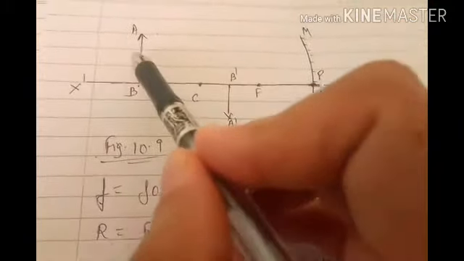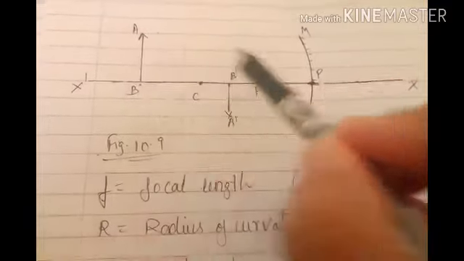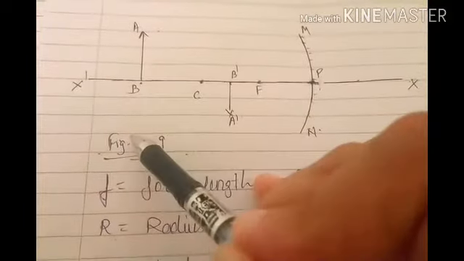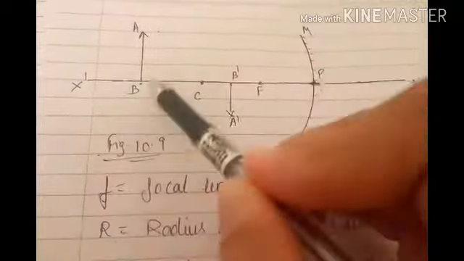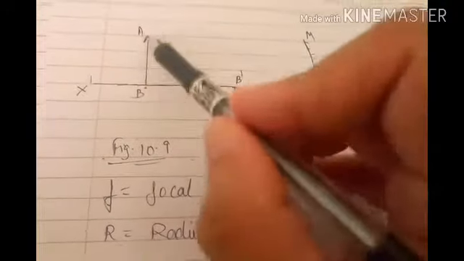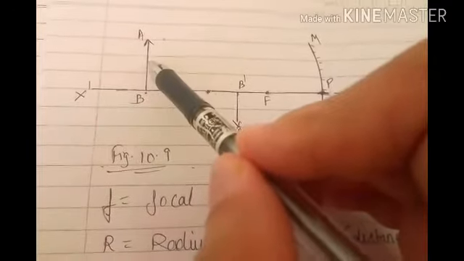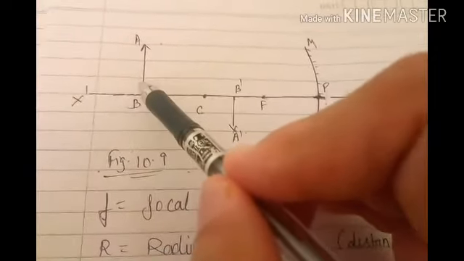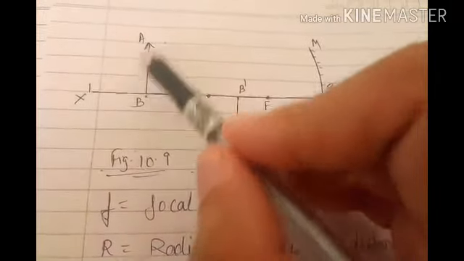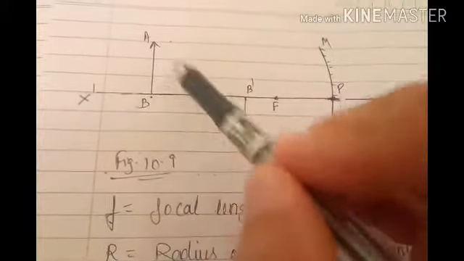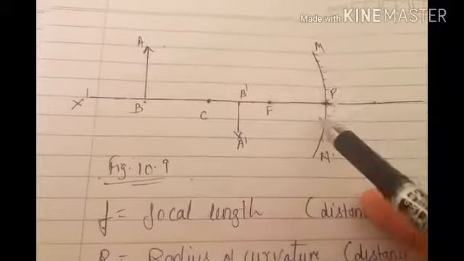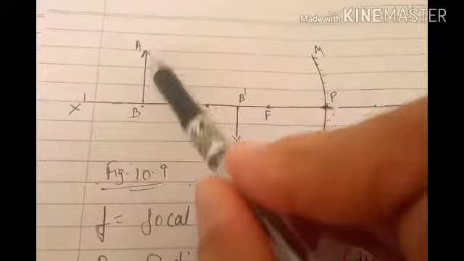For example, if you are told the height of the object is 5 centimeter, this distance is above the axis. So distances measured perpendicular to and above the principal axis, along the y-axis, are positive.